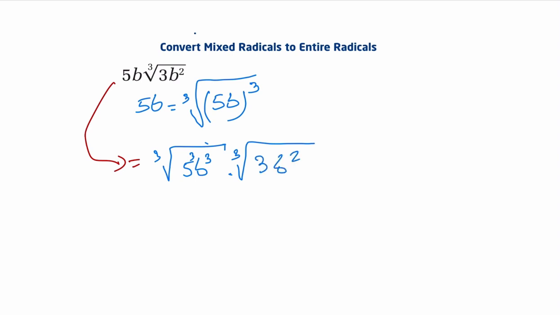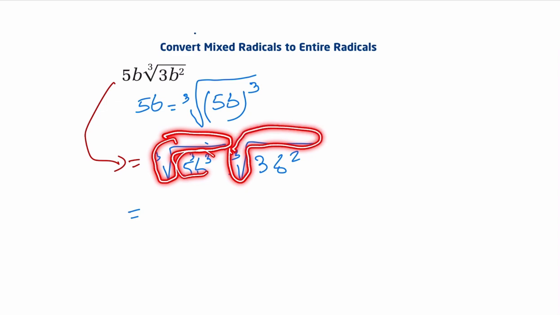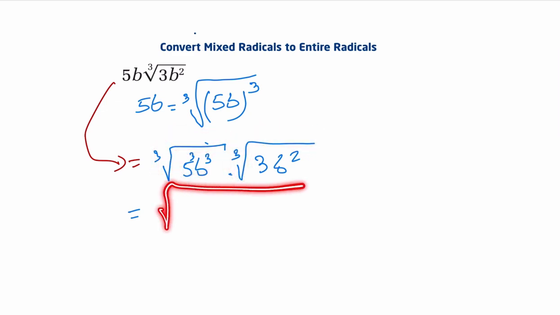And now you can take all this, because both of them have the same roots. You can just take one root and put everything inside that root. So 5 to the power of 3, b to the power of 3, 3b squared.